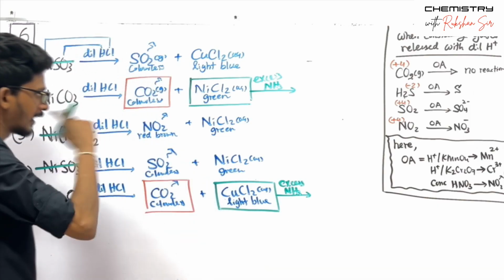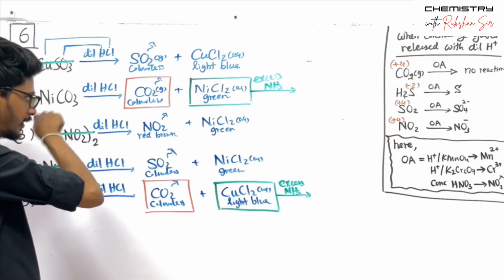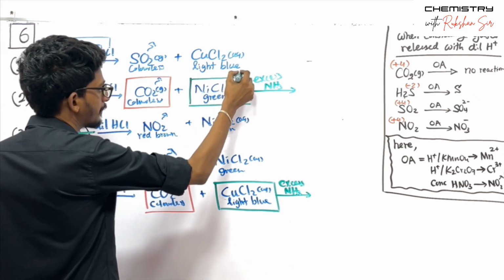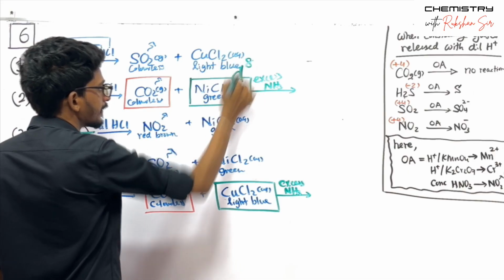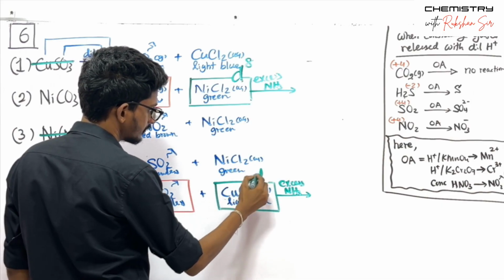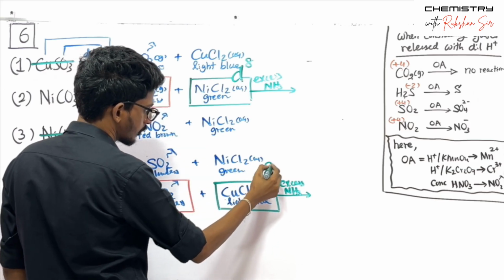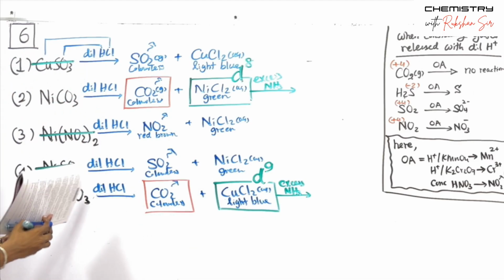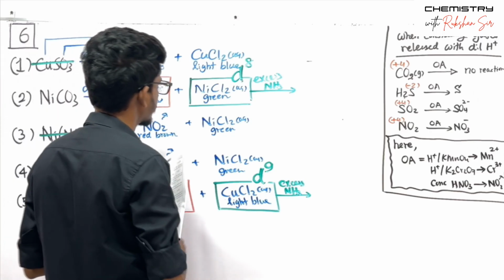So these guys are d7 to d10 cations. Nickel comes with d8 configuration, copper with d9 for the copper 2+ cation. These cations produce amine complexes.